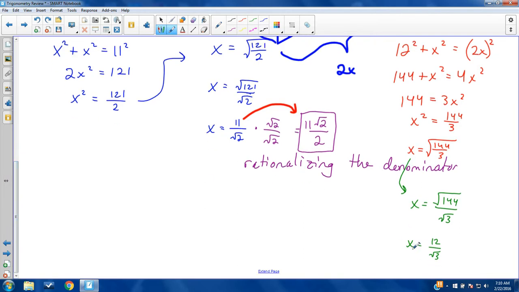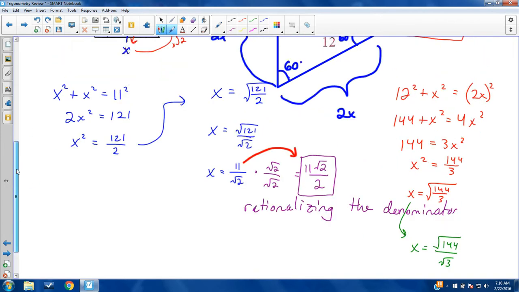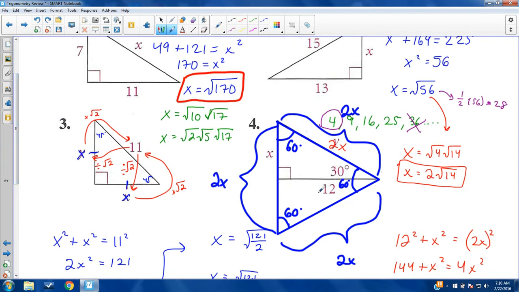Before I do that, I want you to take a look at what this x value is with relation to how the 12 is being utilized. So here's your 12. X was 12 divided by root 3. Hint, hint, wink, wink, elbow nudge. If you want to get from the long leg of a right triangle whose angles are 30, 60, and 90 to the short leg of that right triangle, the one opposite 30, you divide your long leg's value by the square root of 3.